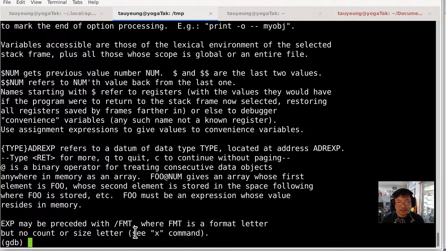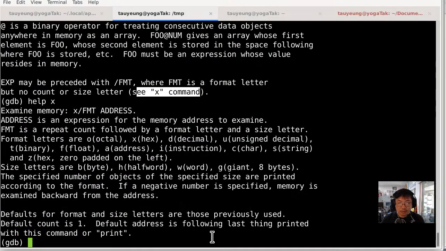And then it says, oh, by the way, this is a pointer. Go see the X command to find out how to use format. Now, I already know how to use the format, but I want to show you how to get help when you're trying to figure out how to use GDB. So you type help X, and now it explains how to specify the format.